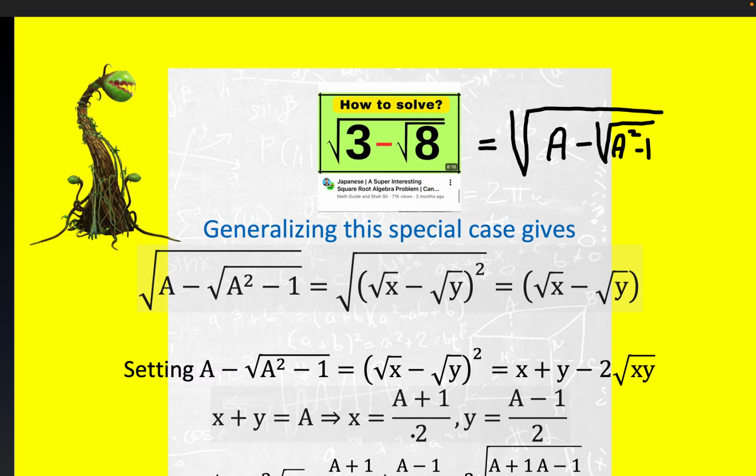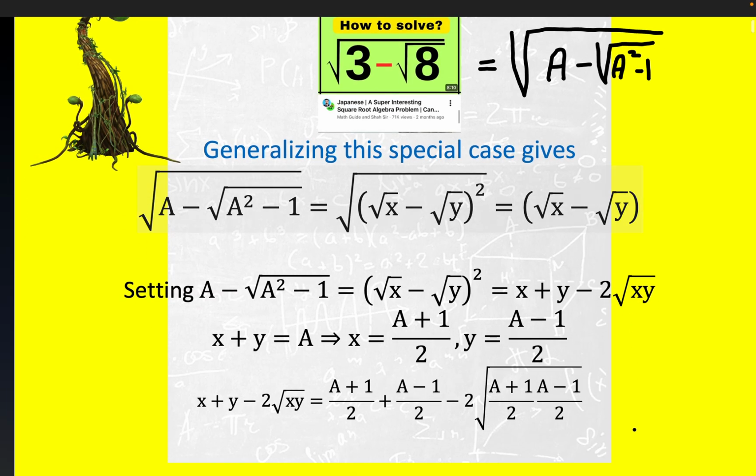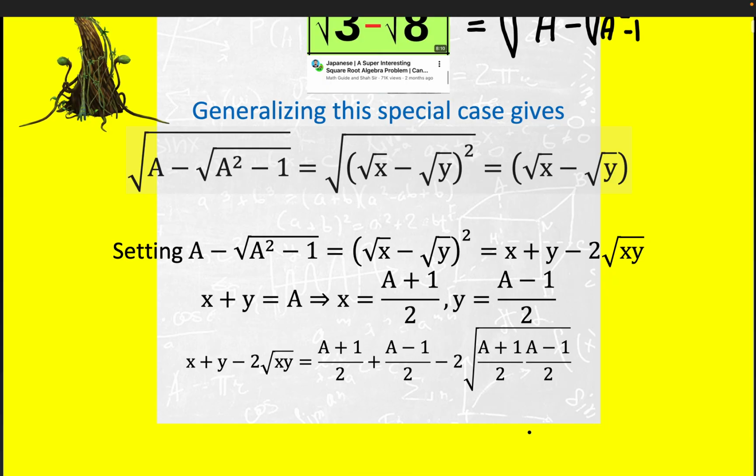Part of it has to do with the fact that there's a 2 present right here, but it does work out nicely because when you sum up x and y, you do get a. So that works out very nicely, and this cross term here works out nicely as well. Here's all the work right here, and you can see that it works out.